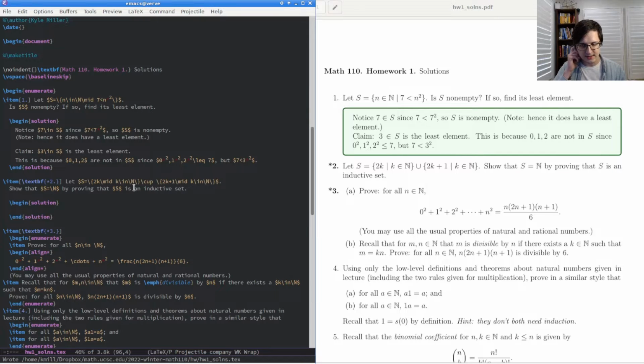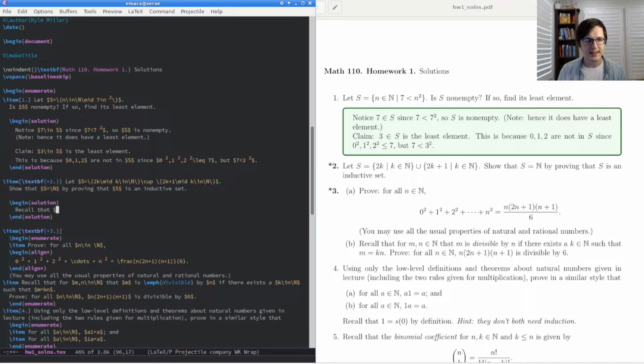So a first thing is, let's see. We want to show it's an inductive set. So the claim is that S is an inductive set. And so there are two parts. Let's do the two parts.